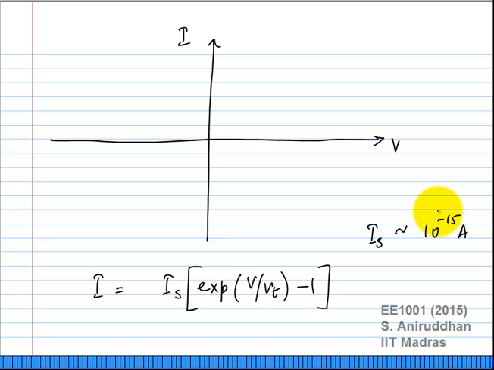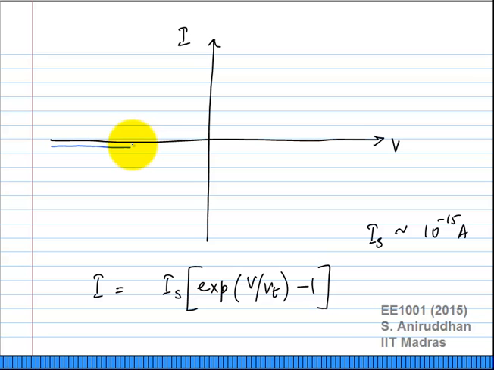So when V is very large and negative, it is equal to minus Is, and it remains minus Is for pretty much all large and negative values of V. What really matters is the ratio of V by Vt.